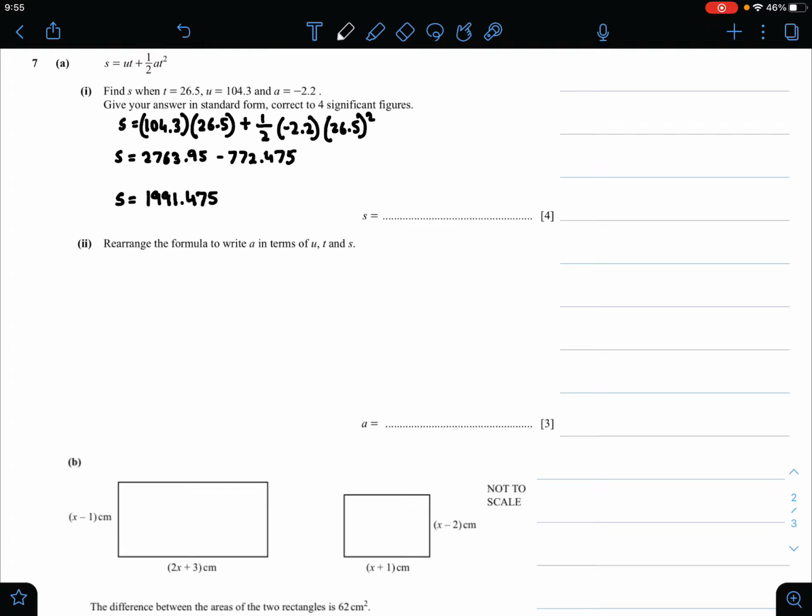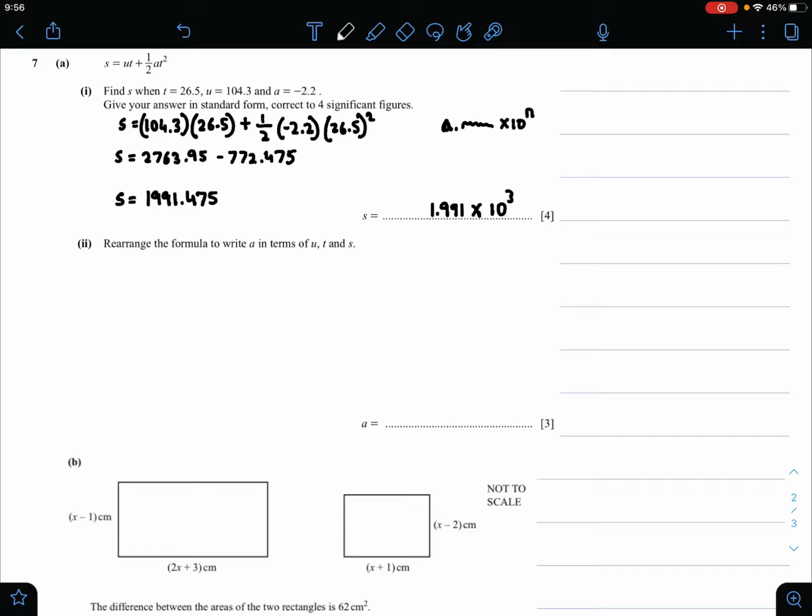Since they are asking us to give our answer in standard form, instead of writing 1.9, we can write 1.991 multiplied by 10 to the power 3. Standard form is written in the form a multiplied by 10 to the power n.